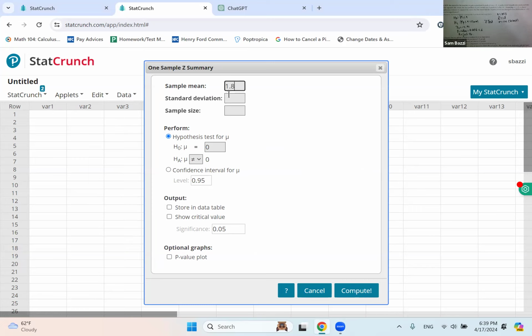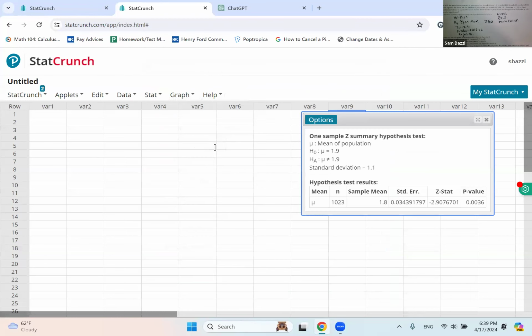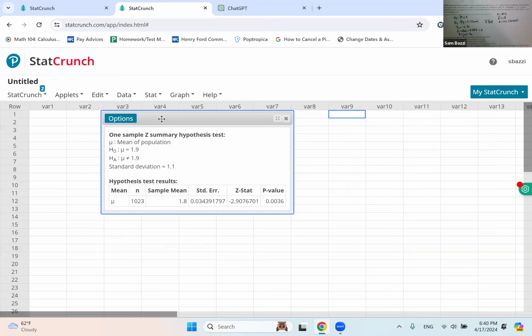Population standard deviation, he says it's 1.1. Sample size is 1023. So here we're testing against 1.9 and choose not equal. It is selected already, and just hit compute, guys, and look. Negative 2.91 and 0.0036, which is less than alpha.